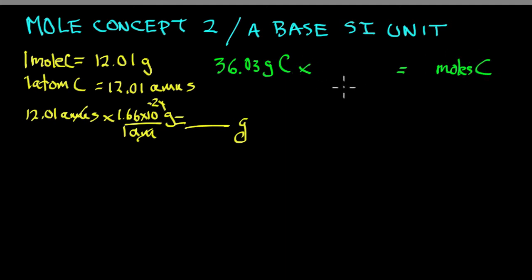Conversion factor. 1 mole. We want to put grams of carbon down here so it cancels out. And we're going to put moles of carbon here because that's what we want. Moles of carbon. So what numbers go in here?